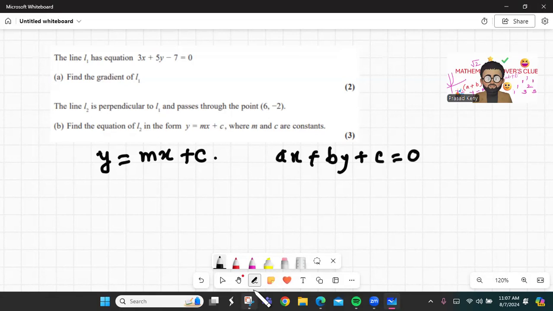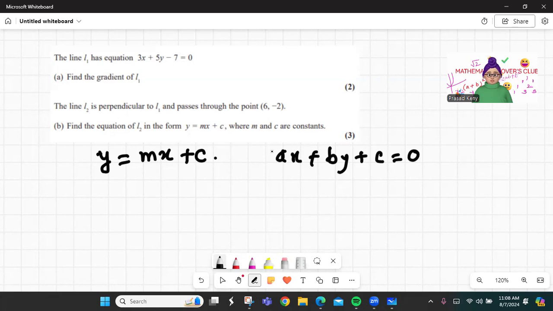So, Mini, can you tell me what should we do to find out the gradient of the line? So, we should get the equation in the form y is equal to mx plus c. For that, we should make y the subject of the equation.